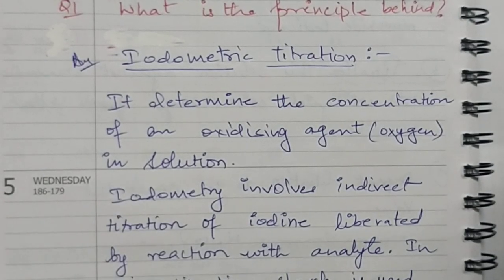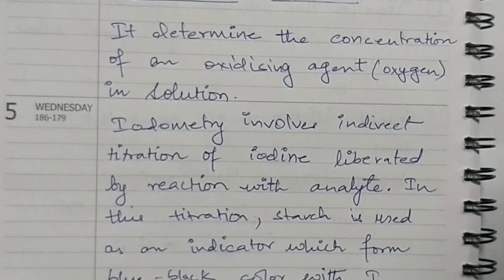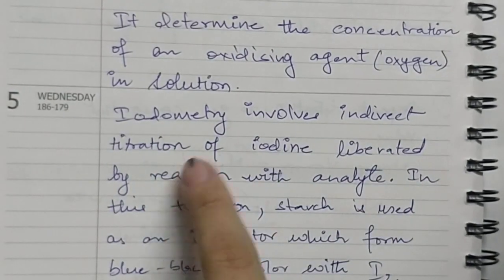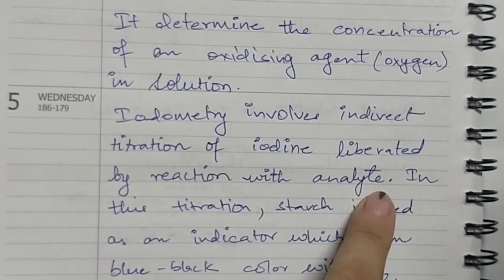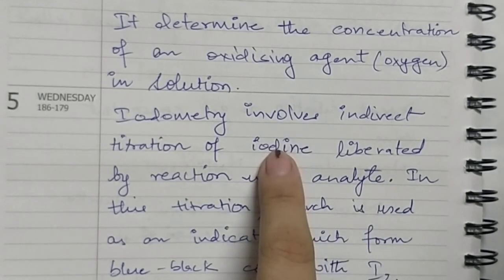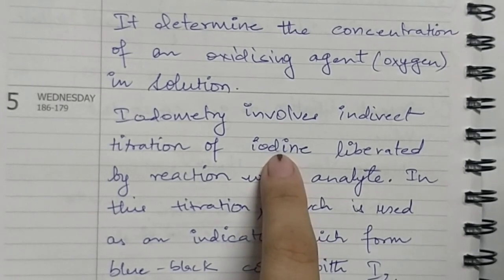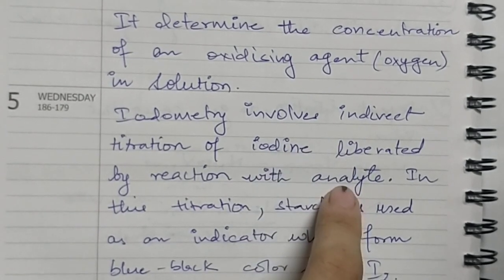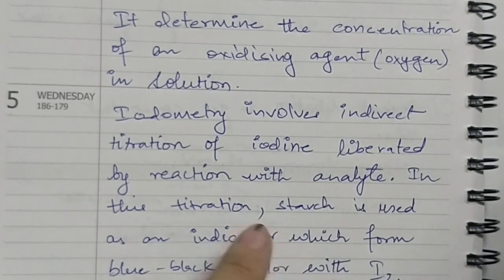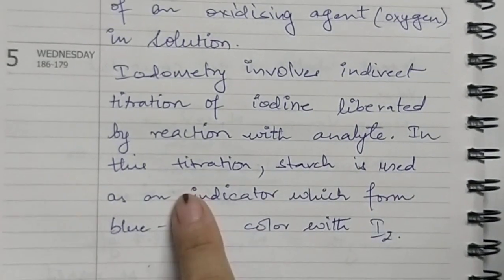So what does iodometry basically do? In iodometry, it is an indirect titration of iodine that is liberated by the reaction with the analyte. Analyte again in our case is oxygen. So we liberate iodine from iodide ion with the help of the analyte, that is oxygen in our case, and starch is added as an indicator.